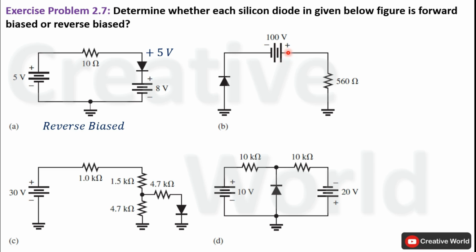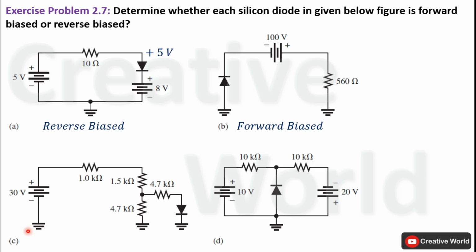The positive terminal of the voltage source is connected through a resistance to the anode terminal of the diode and the negative terminal of the voltage source is directly connected to the cathode, and the value of the voltage source is 100 volt, which indicates that the potential difference between the anode and cathode of the silicon diode is 100 volt, which is much higher than the potential barrier of a silicon diode, 0.7 volt. So this diode will be in forward biased mode because all three conditions are satisfied here.